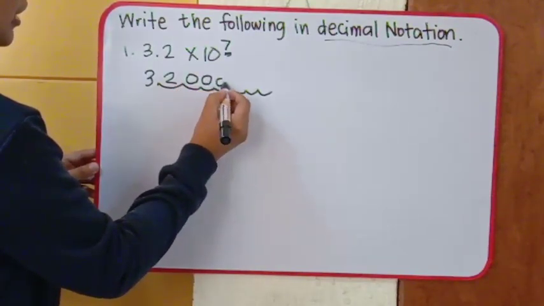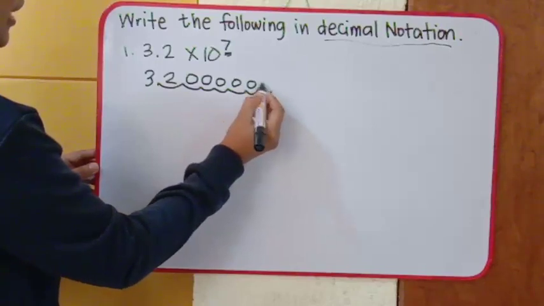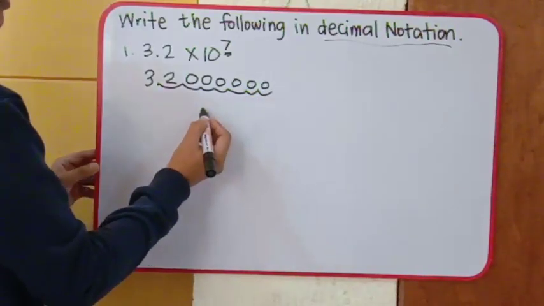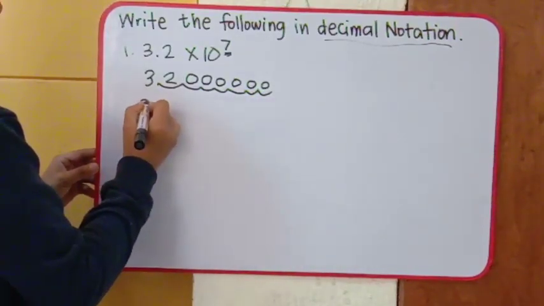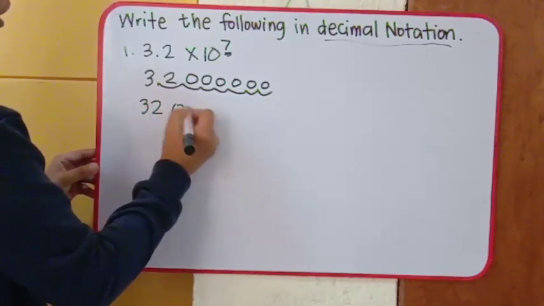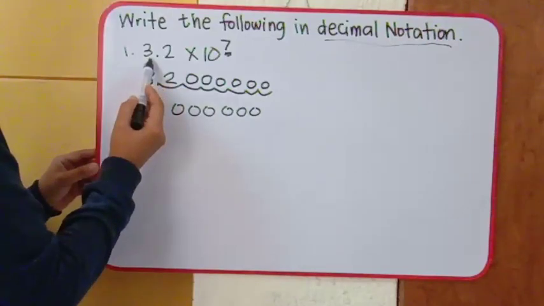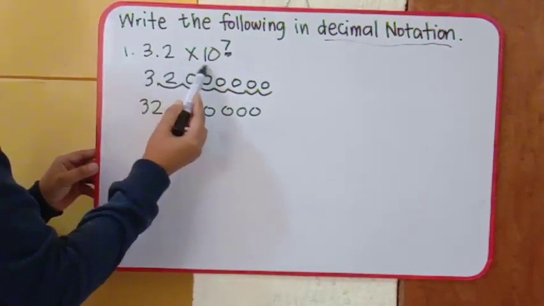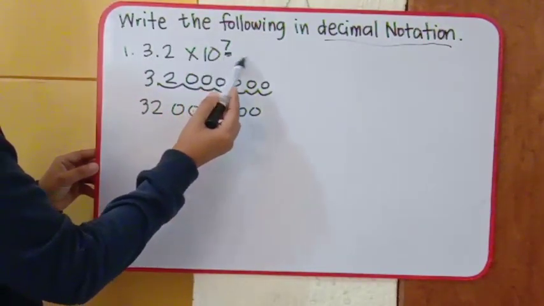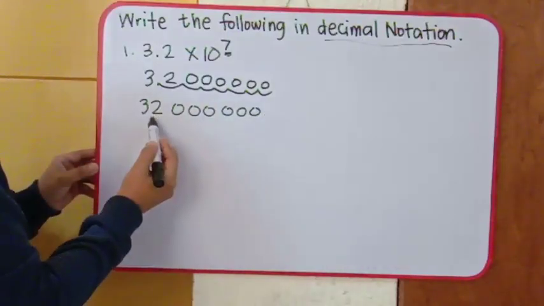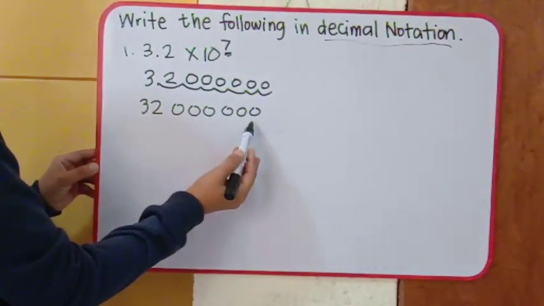So we have here 3 zeros, 4, 5, 6. So this will be the number. We have here 32 million. Okay? So we are given the scientific notation 3.2 times 10 raised to 7. In decimal notation, we have 32 million.